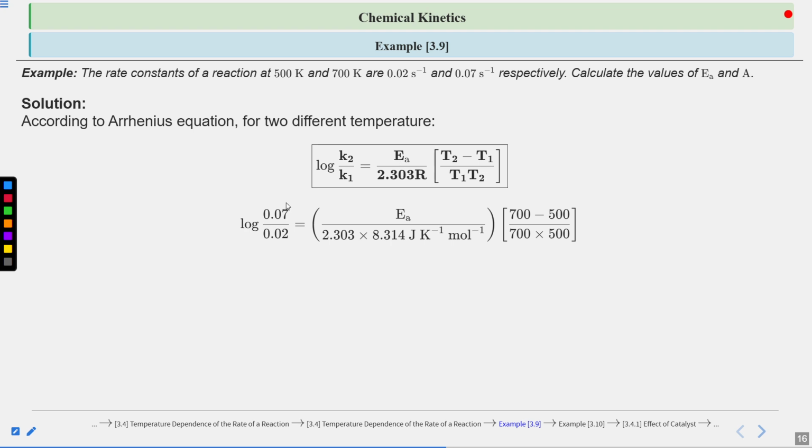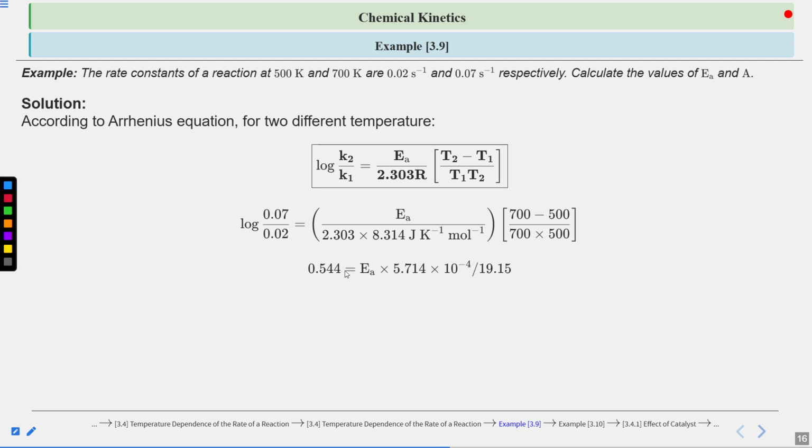So log of 0.07 by 0.02 equals EA upon 2.303 multiplied by R, which is 8.314 joule Kelvin inverse mole inverse, multiplied by T2 minus T1 upon T1 T2, that is 700 minus 500 upon 700 into 500, right? Now in this whole equation, the only unknown is EA, the activation energy, so you have to calculate it.